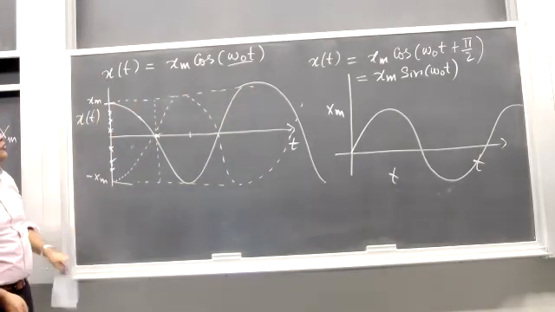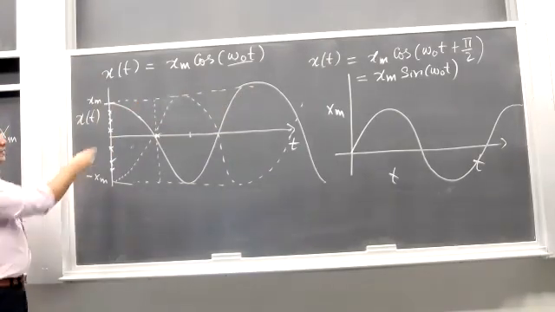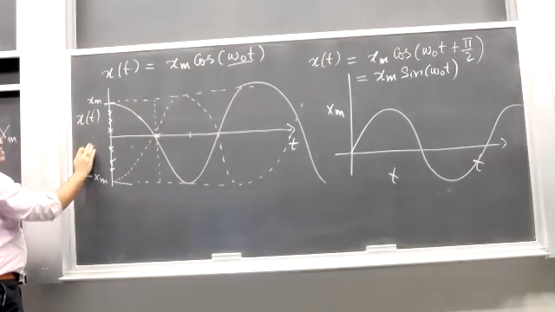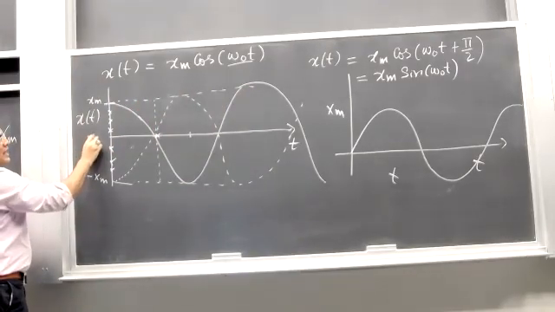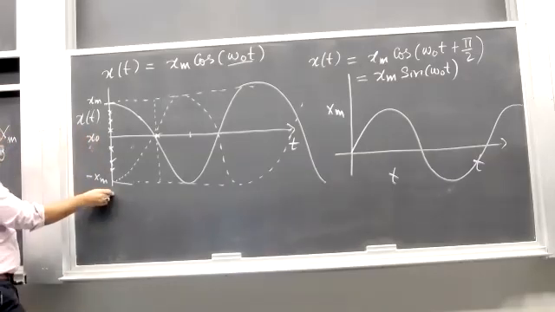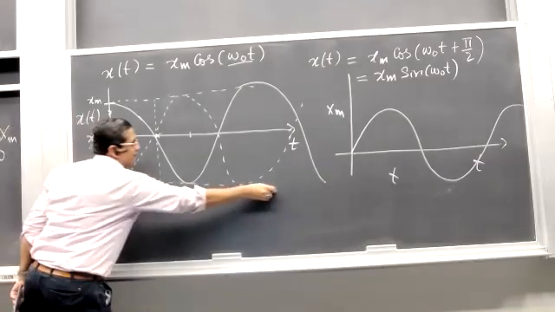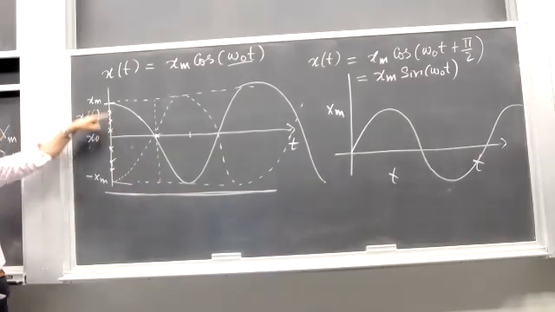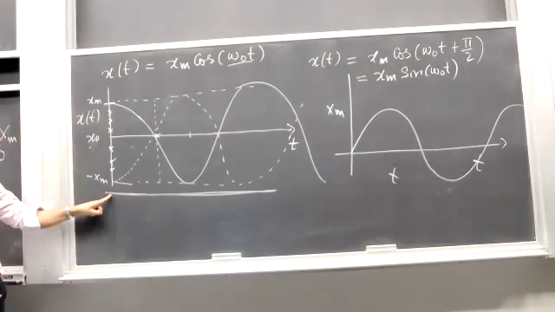And now x naught is 0 here. But if you want to shift your origin and say x naught is above the origin, the simple harmonic oscillator would be oscillating around this equilibrium position away from the origin.